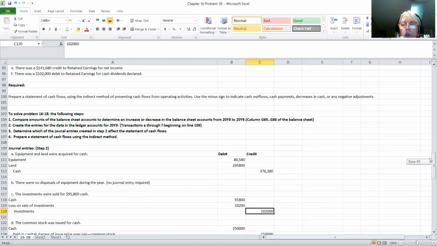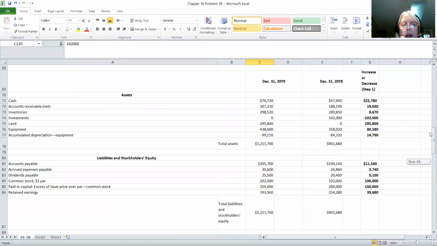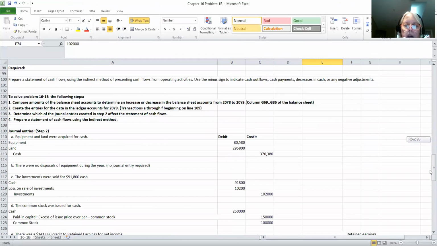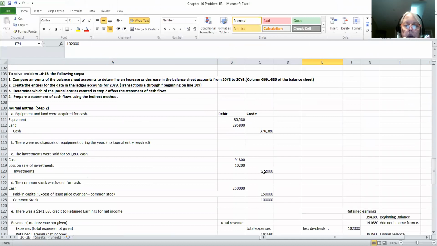So my investments account, according to our balance sheet, we originally had in the investments $102,000. By the end of the next year, we didn't have any in there, so we sold $102,000. So $102,000 would be credited to the investment account.